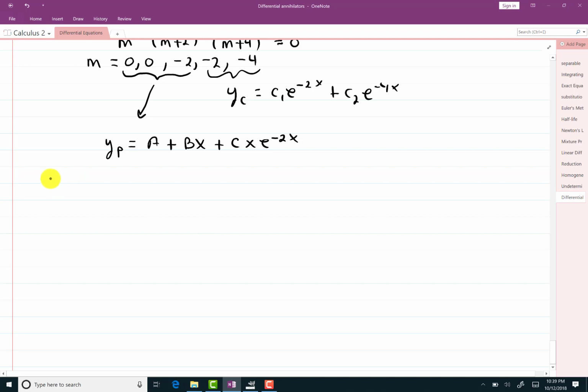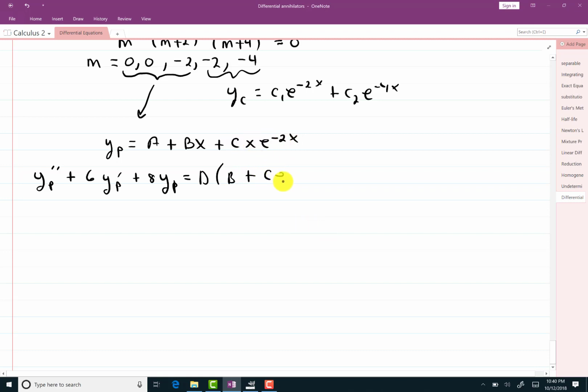So once again, I have y sub p double prime plus 6y sub p prime plus 8y sub p. All right, for this part here, I'm going to do it one derivative at a time. So I'll put a d in front of it so that I remember to take the derivative again. So when I do first derivative, the a will go away, but the bx will become b. And then for the second part, I'll need to use the product rule.